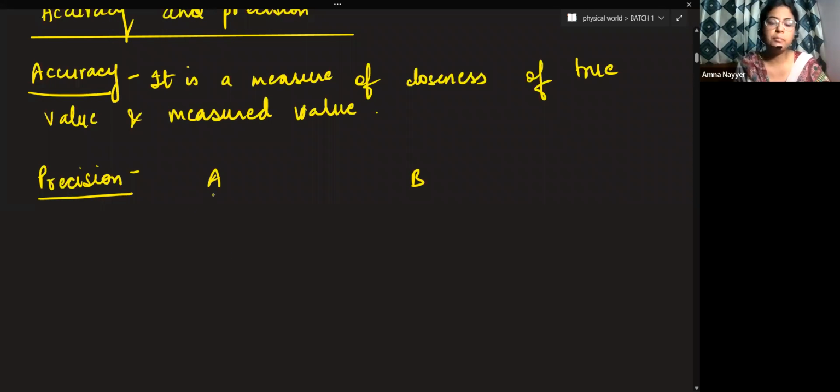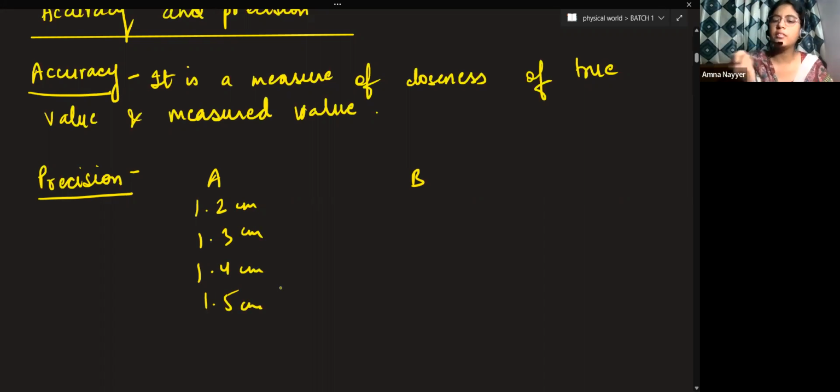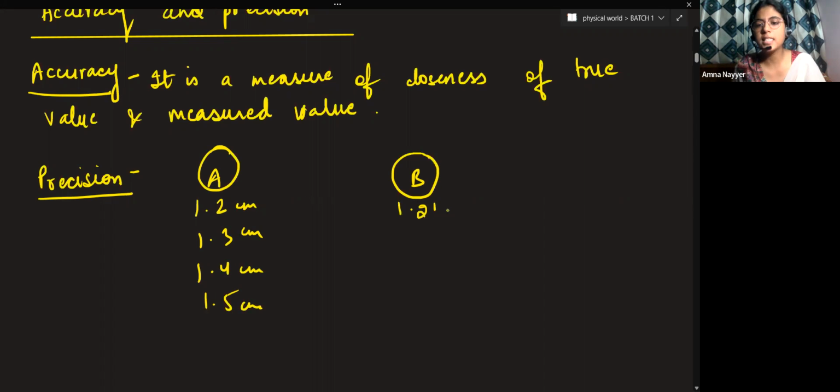Person A has given me 1.2, 1.3, 1.4, 1.5 centimeters, whereas person B has given me 1.21, 1.22, 1.23, 1.24 centimeters.